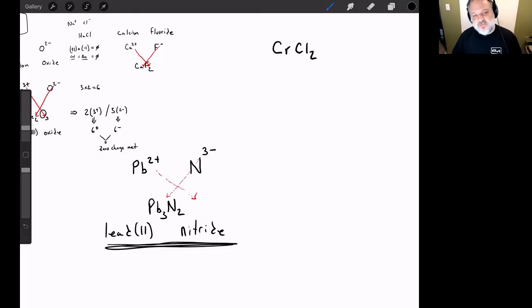It takes different charges. There's going to be 4 exceptions, and I'm going to write the 4 exceptions down in just a second. There will be 4 transition metals that take the same charge all the time, and therefore you don't use Roman numerals for them. I'll write them down in a second. But chromium's not one of them.